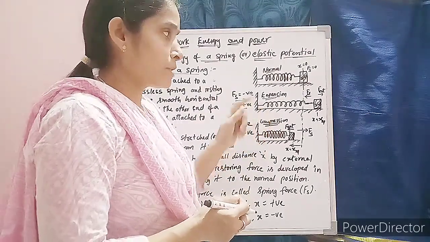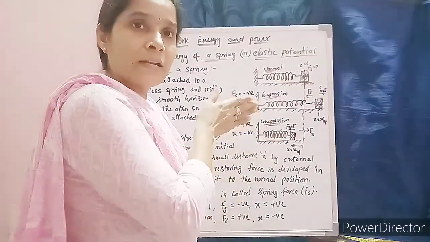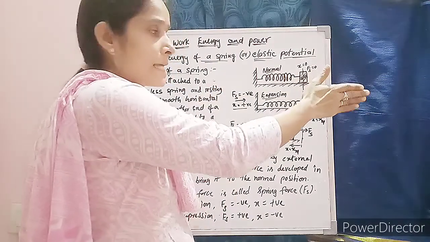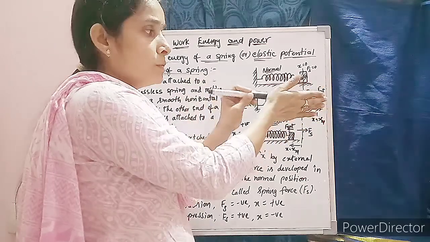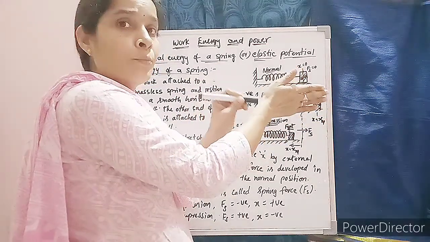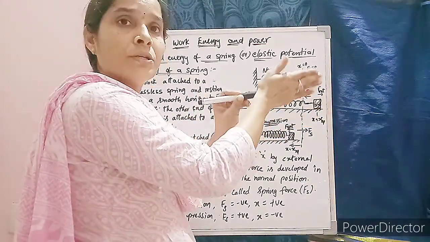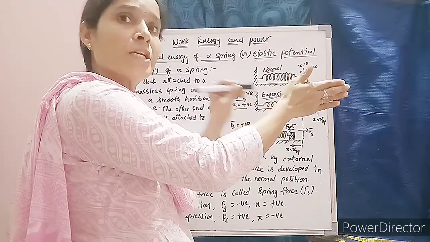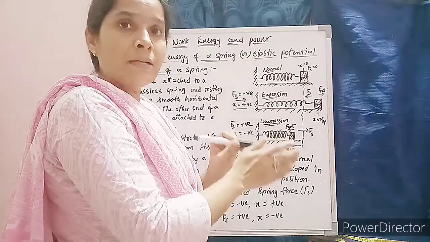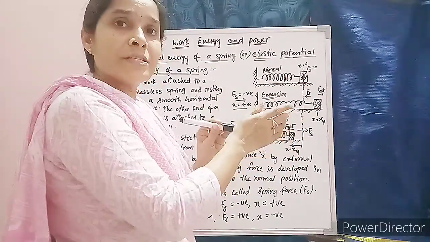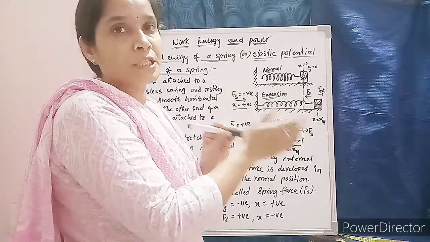See here, for the expansion, due to the external force, the displacement is in the positive x-axis and the restoring force is in the negative x-axis. Both are anti-parallel and proportional. However much displacement takes place, proportionally the restoring force comes into play. So for the ideal spring, Fs is proportional to the displacement.